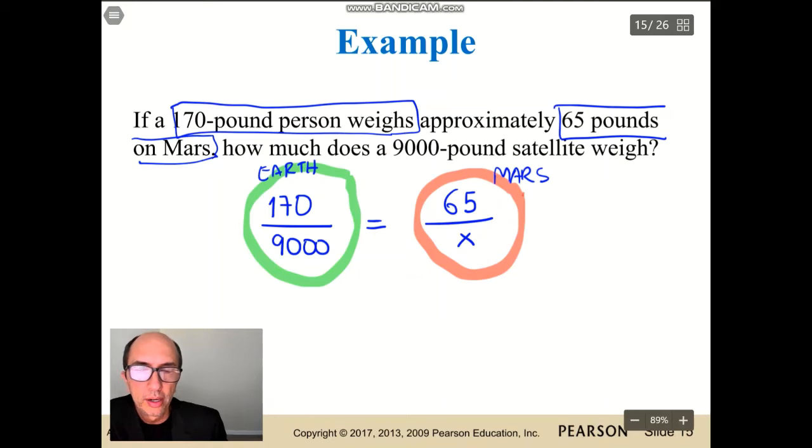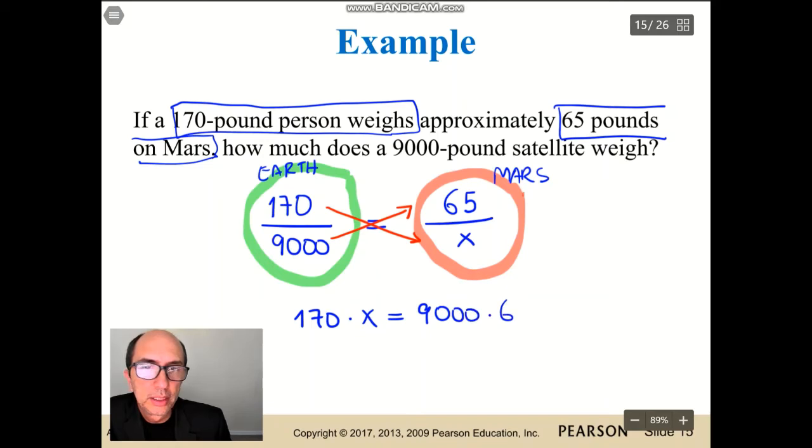We don't know it, we call it variable x. And we use the cross multiplication. Cross multiplication means 170 times x equals 9,000 times 65.